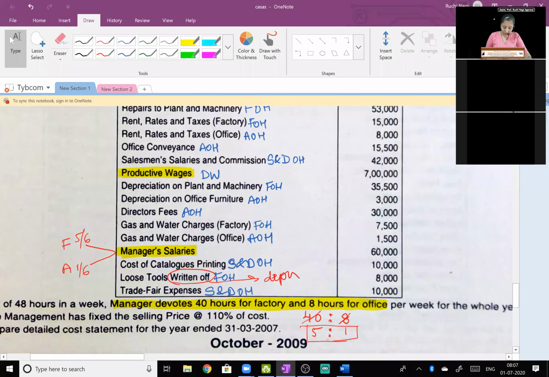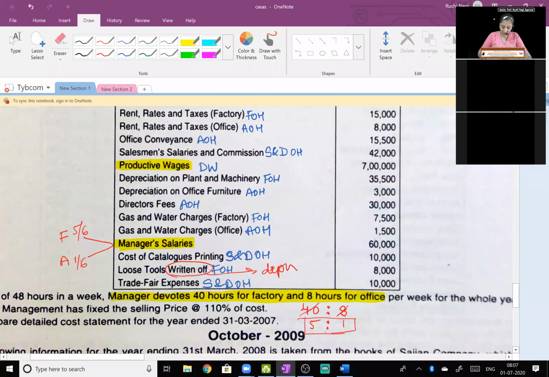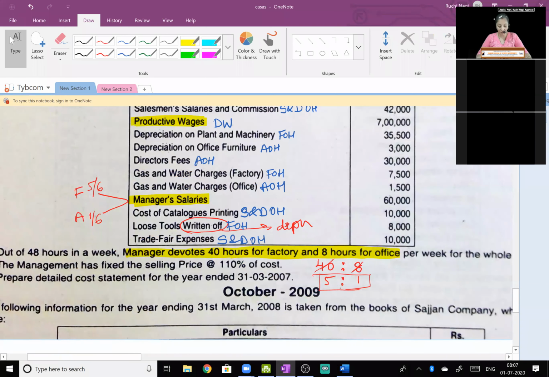And then I had discussed about this manager's salary. There was an adjustment with respect to it, that 40 hours is for factory and 8 hours is for office. So I will divide manager's salary, this 60,000, in the ratio of 5:1. So don't forget that I will divide it in the 5:1 ratio.